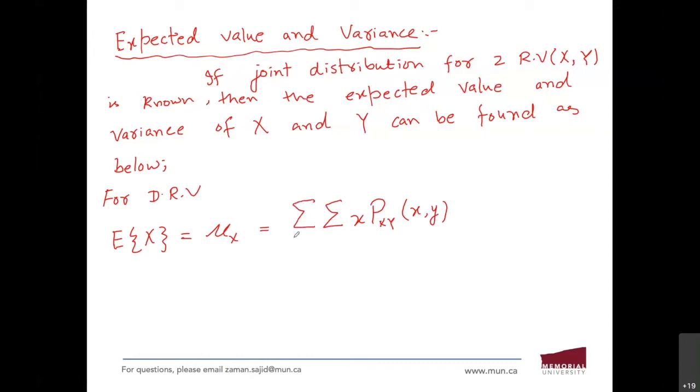So it will be over all x values and the second one is for all y values.